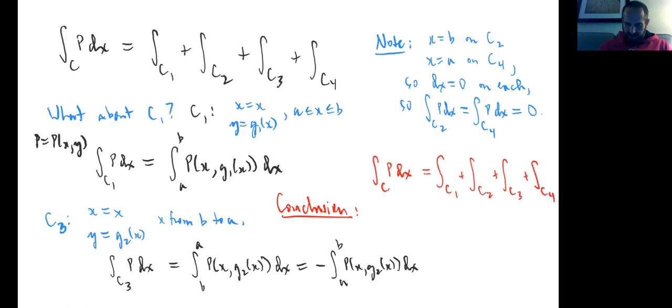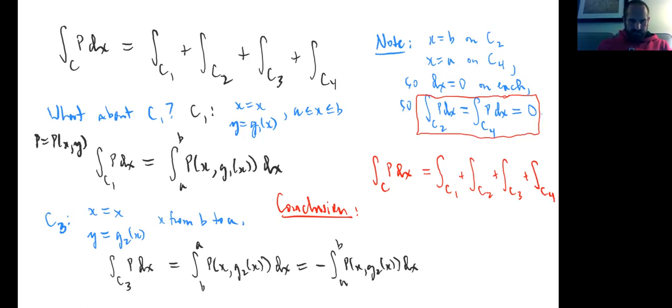But we already said that integrating along C2 and C4 gives 0 for both. And we just computed the other ones as much as we can without knowing the actual function itself.